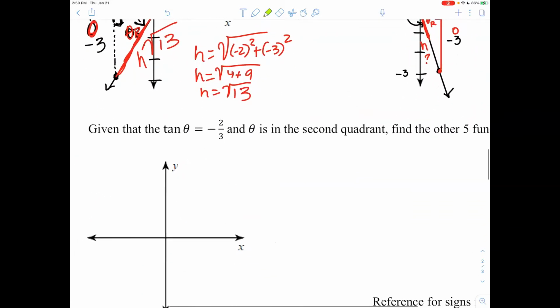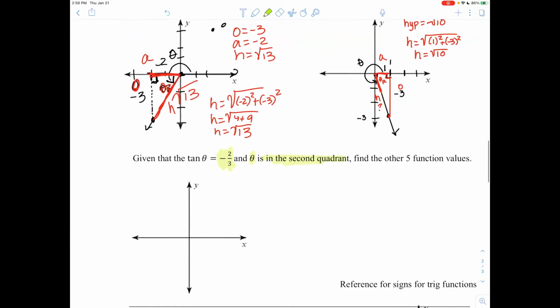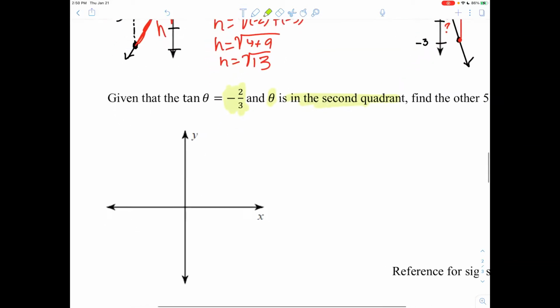All right, so it says, given that the tangent of theta is the slope, rise negative 2, run 3, and theta, our angle theta, is in quadrant 2, find the other 5 function values for theta.